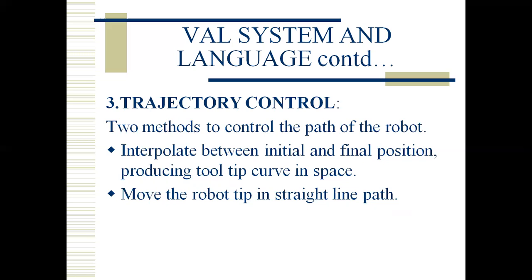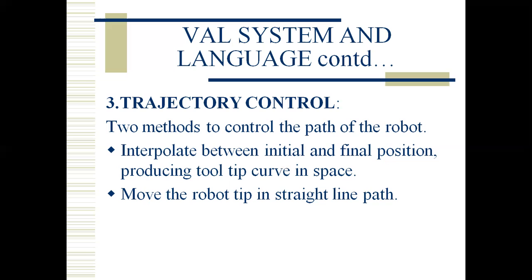So as per the specified terminologies, that will be utilized for movement of the tool from the starting point to the destination point, moving the robot tooltip in a straight line path. So moving indeed is a control strategy as per the given trajectory of the motion.